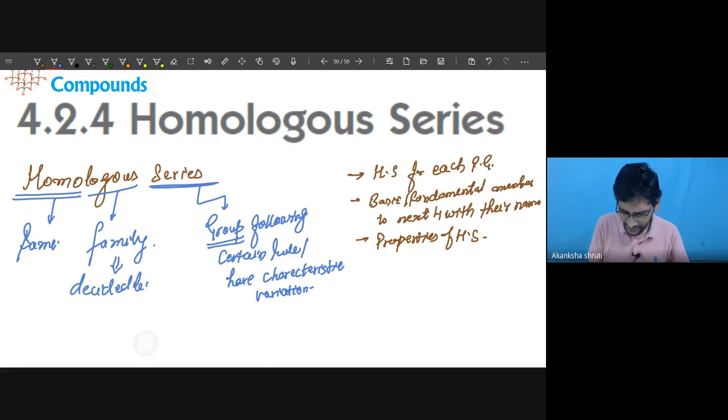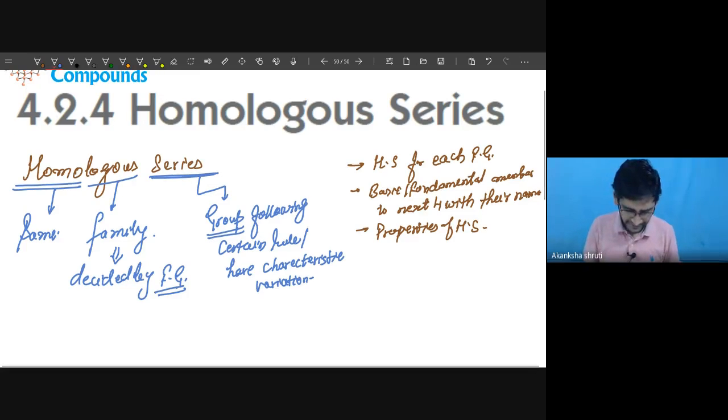The functional group is the atom or group of atoms which decides the characteristic of the entire molecule. So if this functional group is kept as it is and the other part, the carbon chain, is varied, then we will get this homologous series.